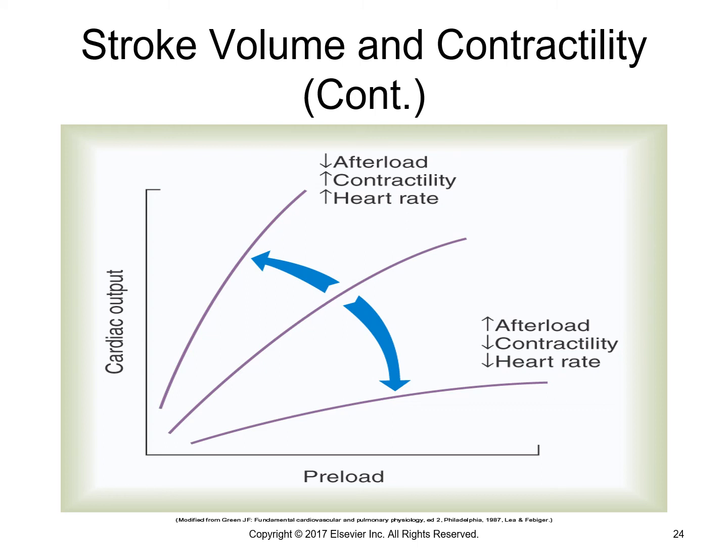So a hyperdynamic heart means a given preload results in a greater than normal cardiac output. Factors that contribute to this would be a decreased afterload, increased contractility, and increased heart rate. And then on the lower end, where we have an increased afterload, decreased contractility, decreased heart rate, would be something that we might see in CHF, where your pumping efficiency is so low that your cardiac output is not adequate.